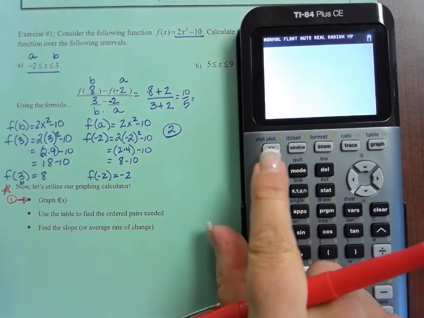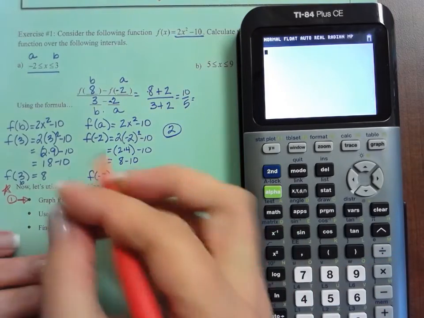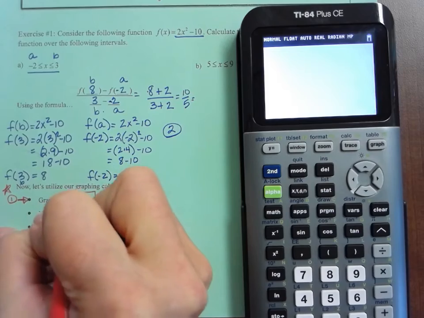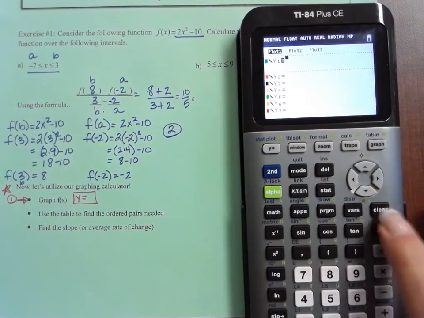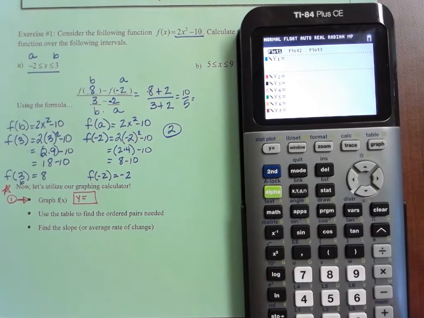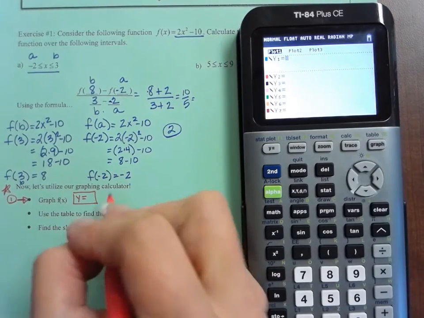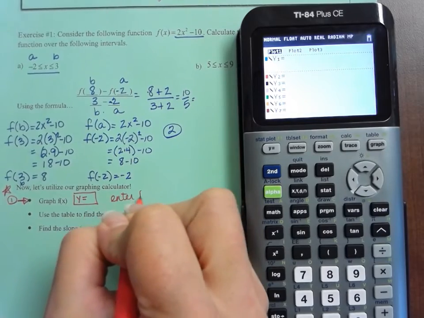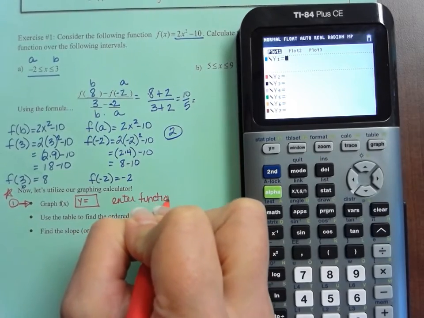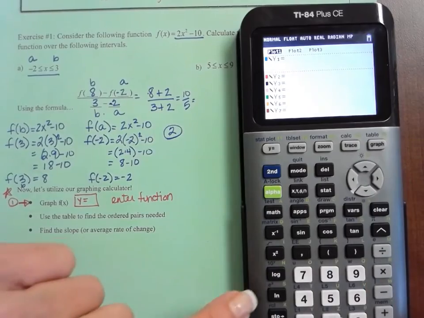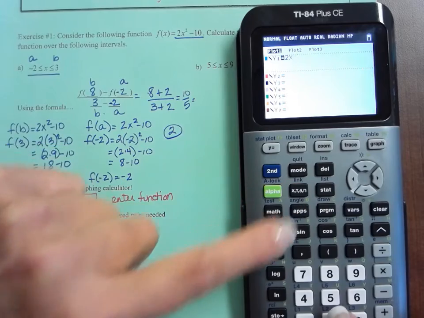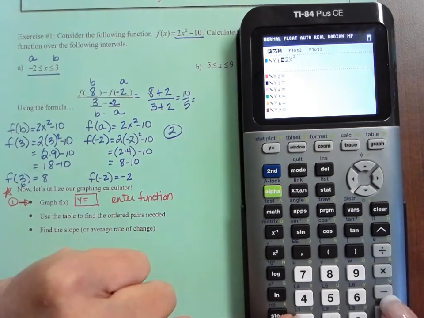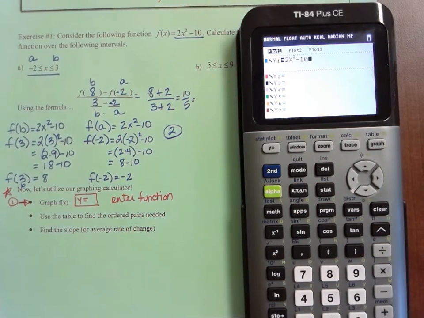See this little y equals button? You press that button. Everybody with me? And then enter your function. It already has the y there, so I just have to enter 2x squared minus 10. Everybody got that in their calculator?